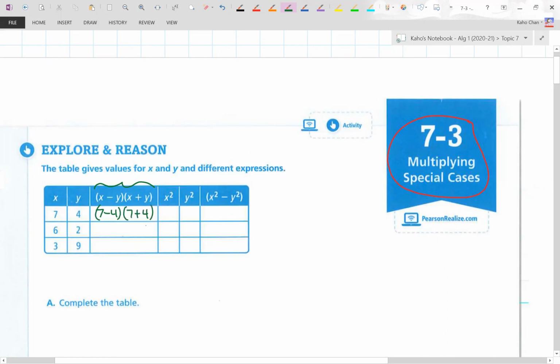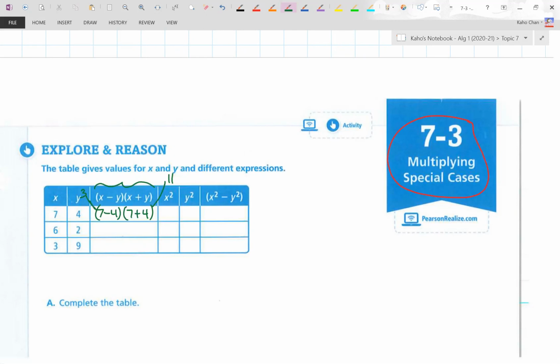Interesting, 7 minus 4 is 3, and 7 plus 4 is 11. Three times 11 is 33. Okay, we'll keep that in mind.